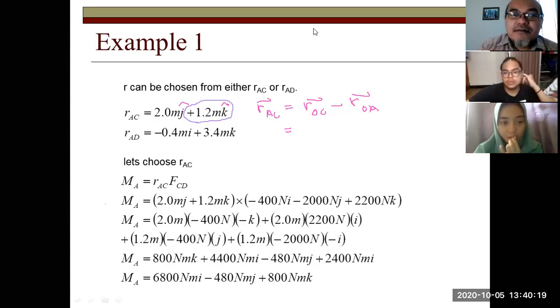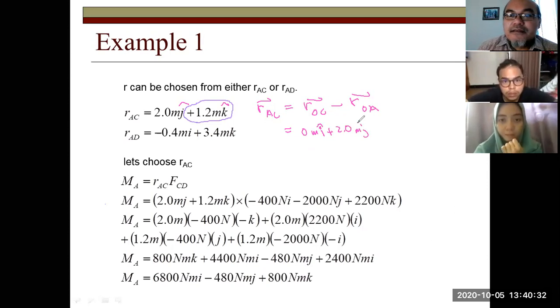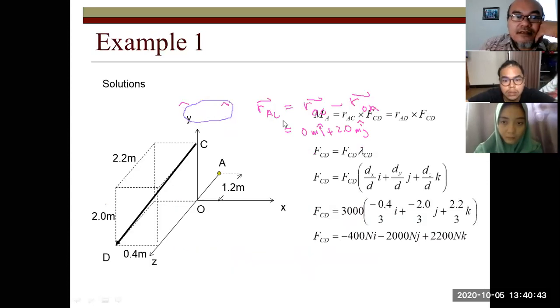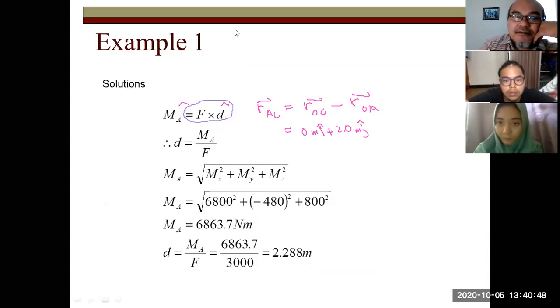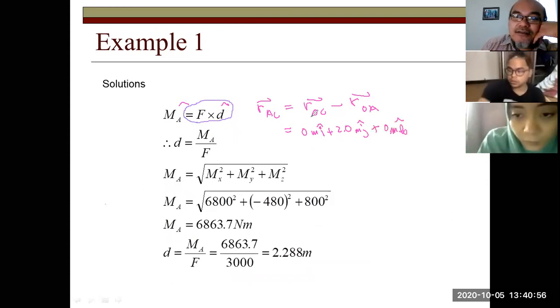So ROC is 0 meter I plus 2 meter J, and the K is how much? The Z is 0, right? The Z is 0. So plus 0 meter K. So this is ROC.